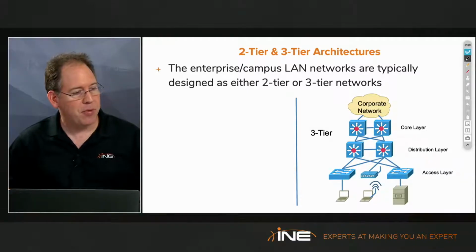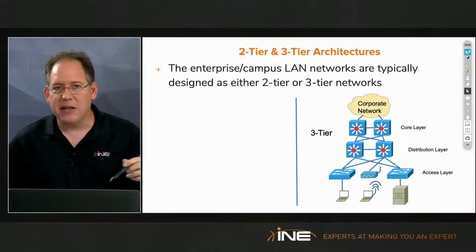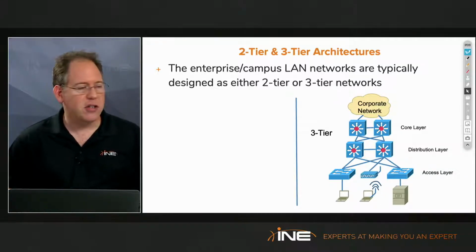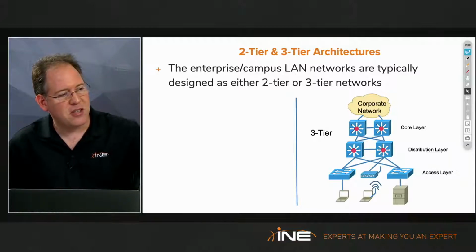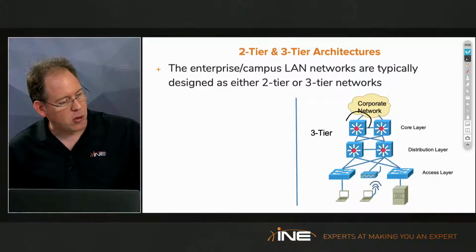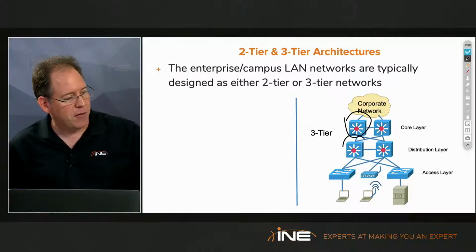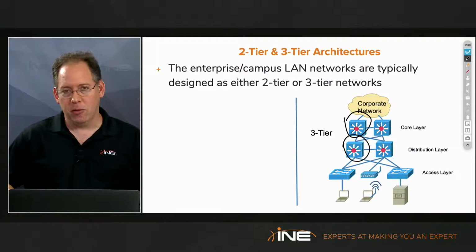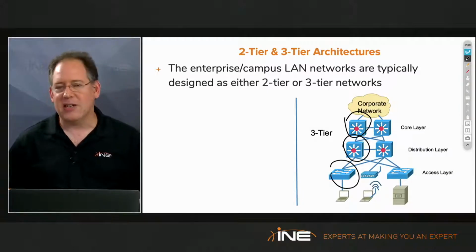Now this three-layer model, this is how Cisco recommended that networks be built for a long, long time. And this is because 20, 30 years ago, there were different devices. You actually had to buy a different type of device to do a core layer responsibility versus a distribution layer responsibility versus an access layer responsibility. You had to buy different devices to do this.